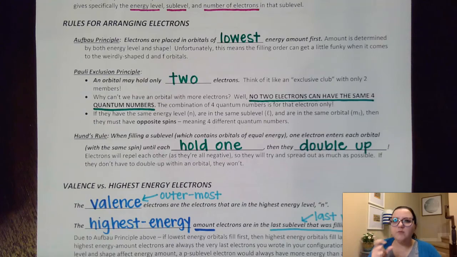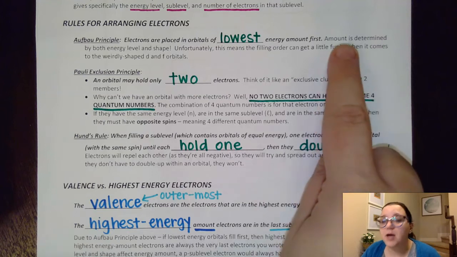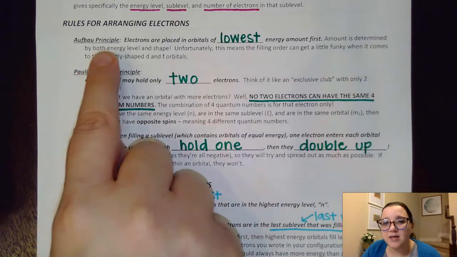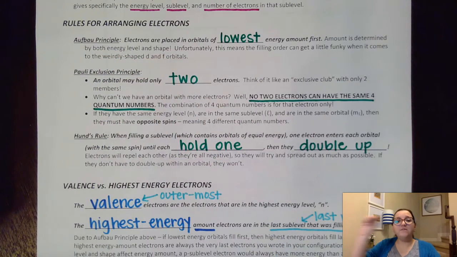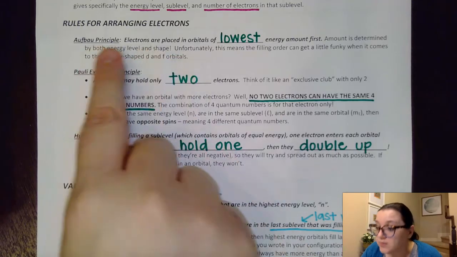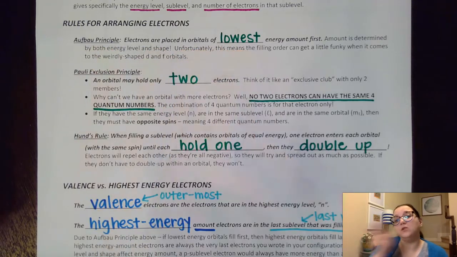So a little bit of quirky nature to that there. So we have to be really careful because that energy amount is determined not only by energy level, but also by the shape. So the filling order tells us the correct order to write these in, that our lowest energy amount ones would always fill up first. The higher energy amount would fill up later.